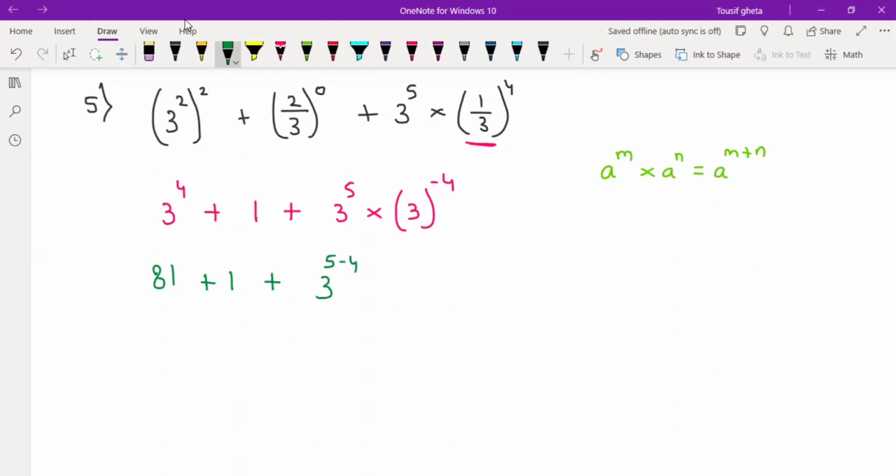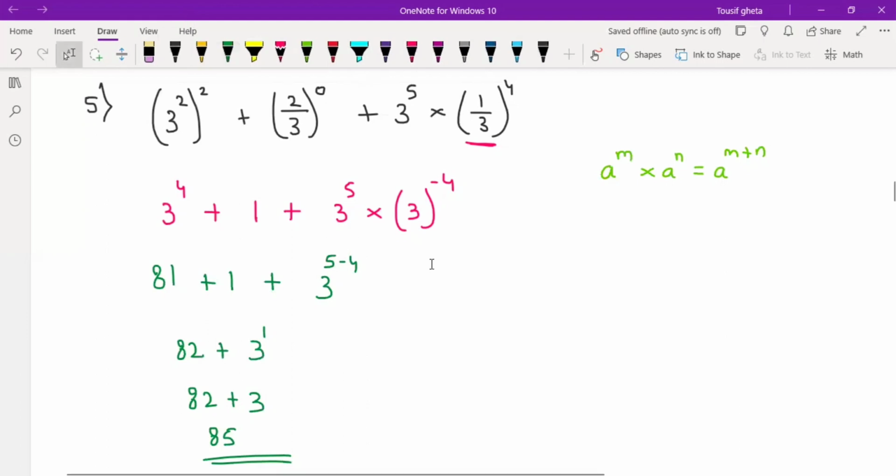So 81 plus 1 will give 82, plus 3 to the power of 5 minus 4 will give 3 to the power of 1. So 82 plus 3 to the power 1, which is nothing but 3, and we get the final value as 85. And that is the final answer for the fifth question. Let us go with the next one.